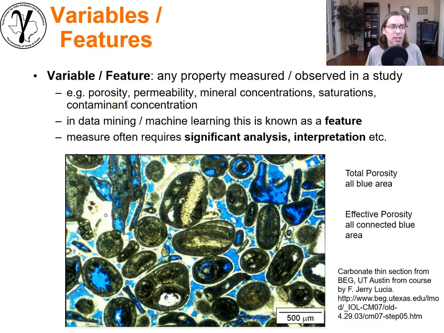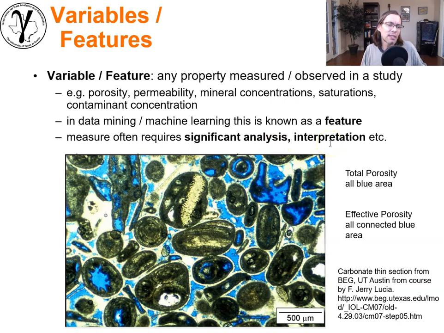In the subsurface, it could be porosity, mineralogy, saturations, water, oil, gas, mineral concentrations, contaminant concentration if you're in an environmental soil study. In data mining and machine learning, we're going to use the term feature, and we'll talk about predictor features, response features, and so forth.